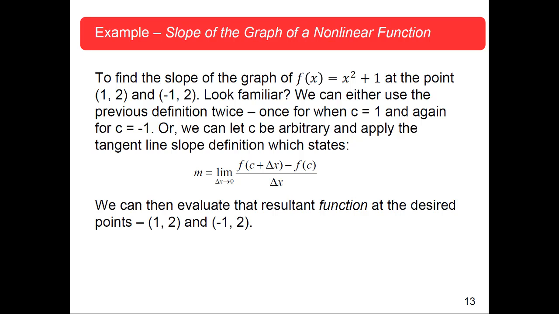Or it might be convenient to let c be arbitrary. That is, just let c remain c in the limit definition. And then once we are all done with our limit, presumably there'll be a c left over, and then we can substitute in the different values of c.